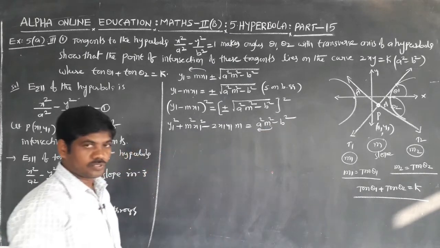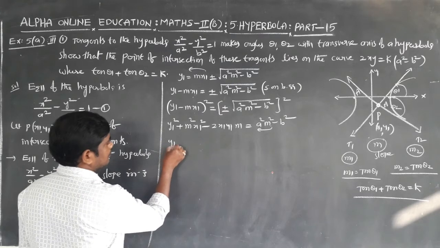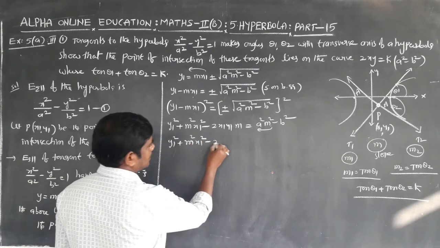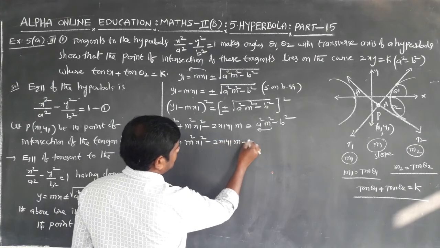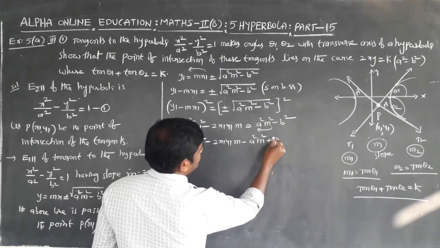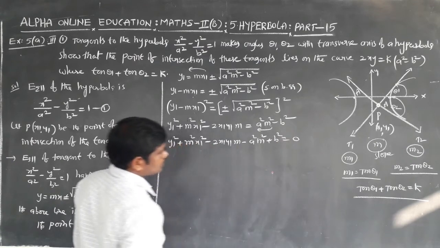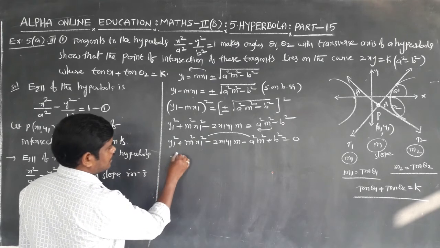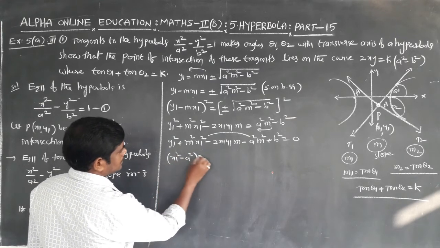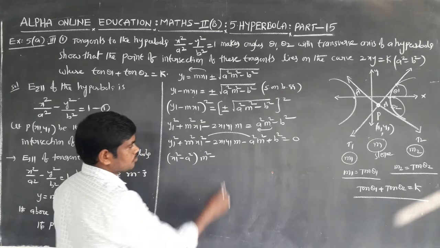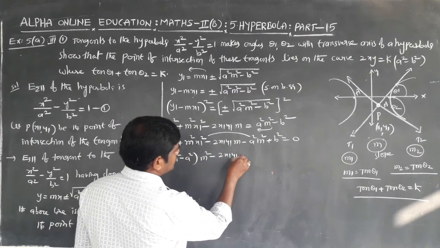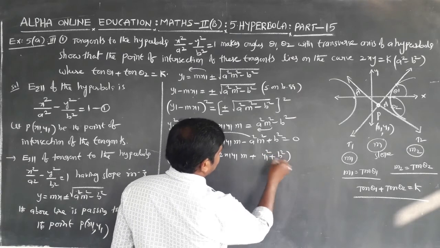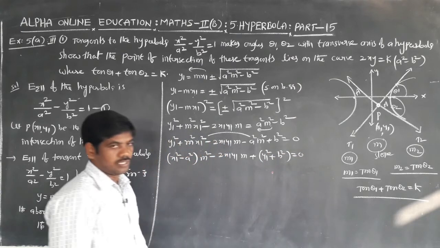Taking a square m square minus b square to the left side, y1 square plus m square x1 square minus 2 x1 y1 m minus a square m square plus b square equal to 0. Taking m square common, m square into x1 square minus a square minus 2 x1 y1 m plus y1 square plus b square is equal to 0.